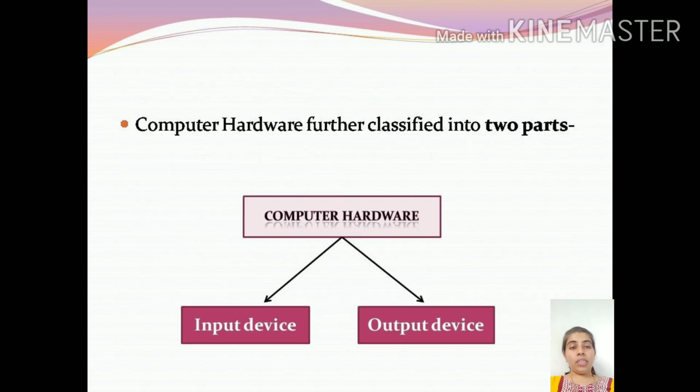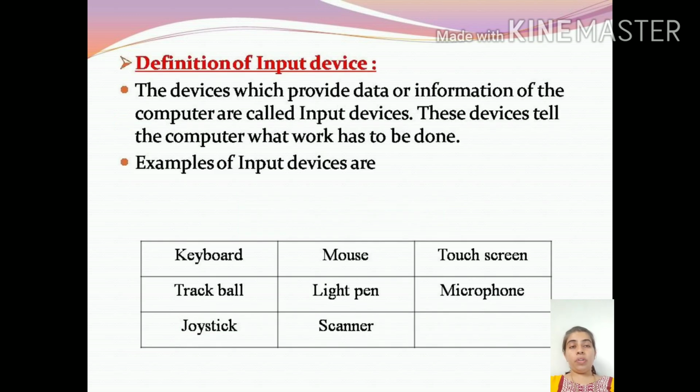Now the next is computer hardware is further classified into two parts. One is the input device and the second one is the output device. Now let's see the definition of input device. The devices which provide data and information to the computer are called input devices. The devices tell the computer what work has to be done.